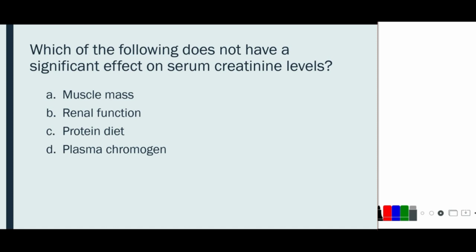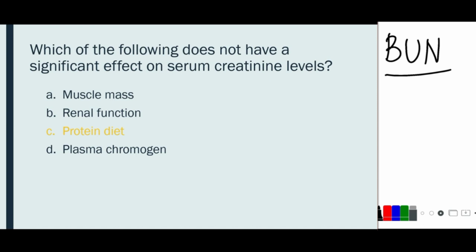So the correct answer for this would be letter C, protein diet, because the NPN that will be primarily affected by the patient's protein diet will be your blood urea nitrogen, or your BUN. Because remember, your BUN is the major excretory product of protein metabolism.